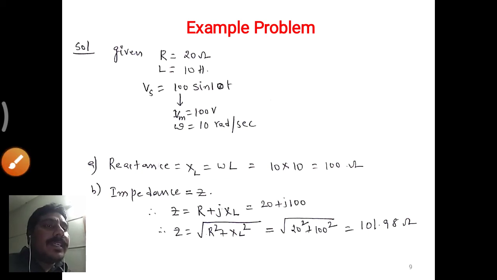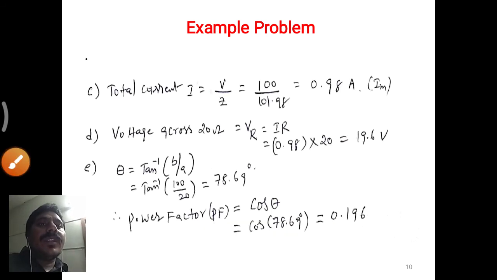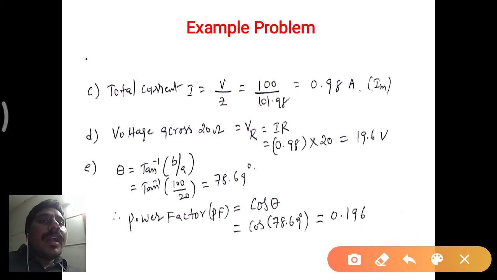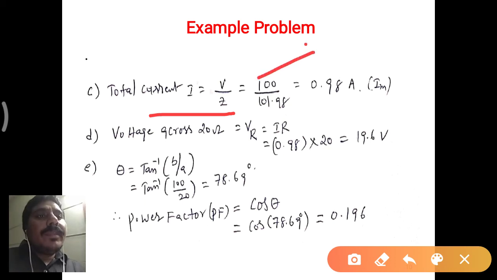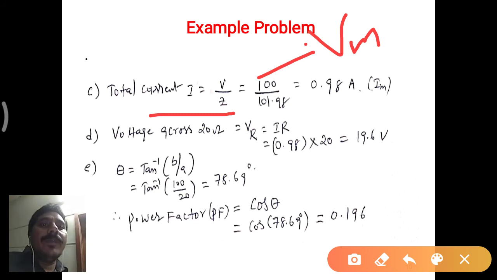Now coming to the C bit, total current. Total current I is equal to V by Z. So V is equal to 100 and Z we previously calculated in the second bit, 101.98. That gives 0.98 amperes. Here I am taking the Vm value, so the current is also a peak value.